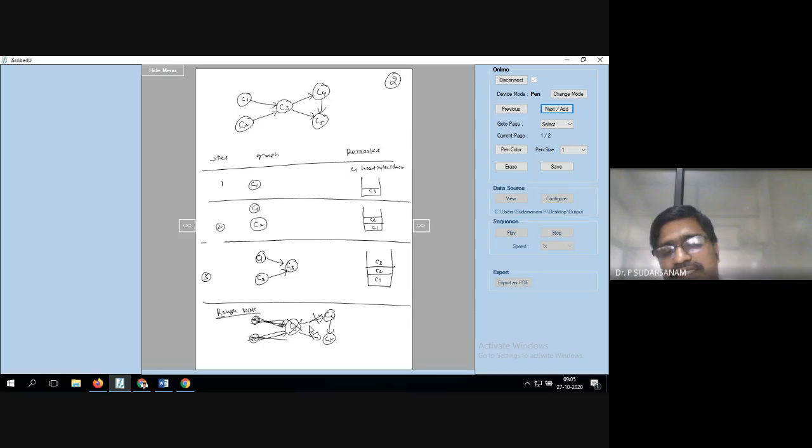C5 you don't have in-degrees. The remaining graph is something like this, C4 and C5. Where you don't have in-degrees? Only C4, that's it. Now delete this also.